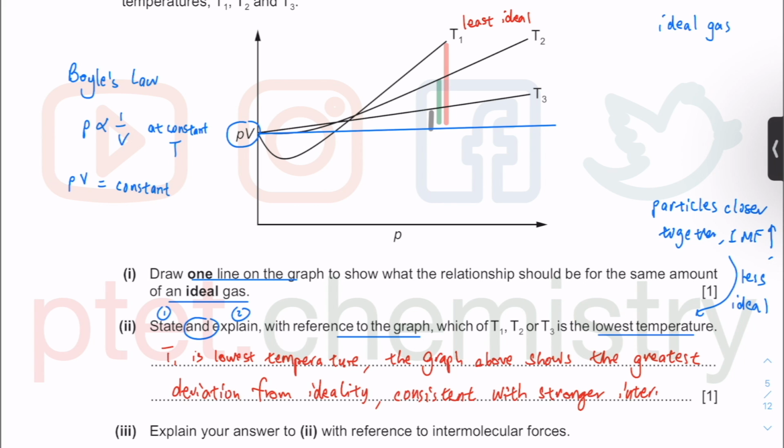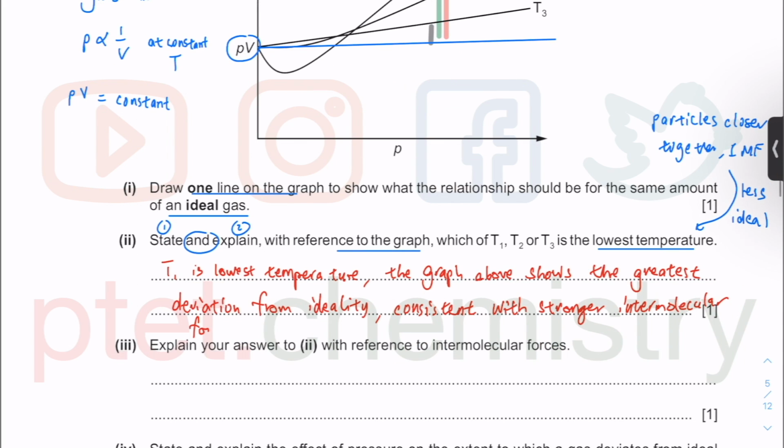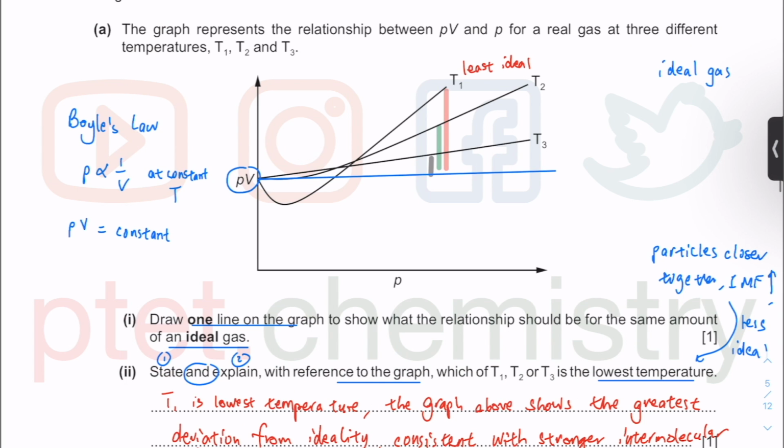So I can't use IMF because that's an abbreviation. So stronger intermolecular forces as a result of particles being closer together. I don't want to use the word molecule because we are not sure about what this one is. And this one is at lower temperature. The particles are closer together, and as such, stronger intermolecular forces, greatest deviation from ideality, as I've just explained earlier.